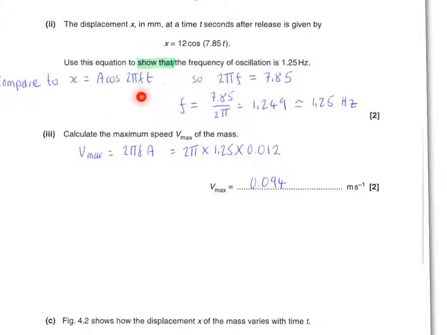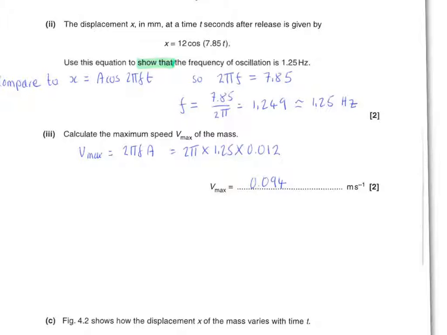You can just match these two equations and look at the individual parts. Not needed in this question, but you can recognise that the amplitude is 12. What you want here is the frequency. So you need to identify that this term in brackets is equal to 2 pi f. After that, it's just a little bit of careful maths.